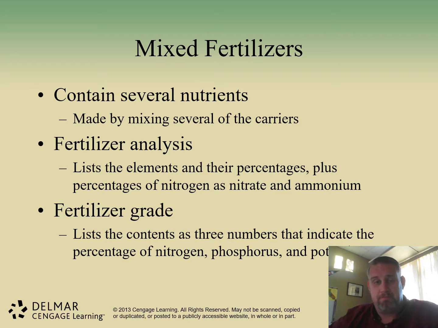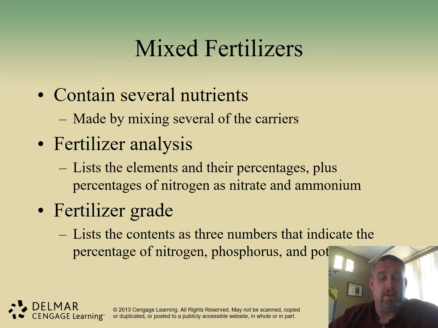Sometimes these fertilizers can be made by mixing several of these different carriers. As I stated before, some of the common ones are triple 12, triple 15. Something we used to use quite a bit of was 6-20-20.